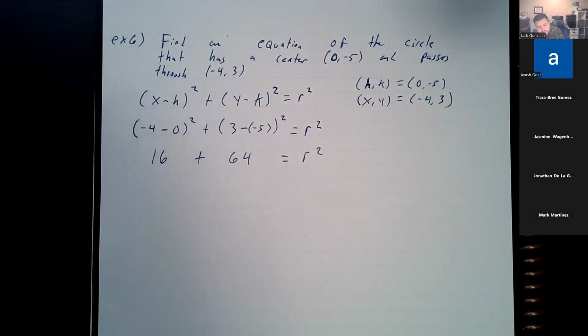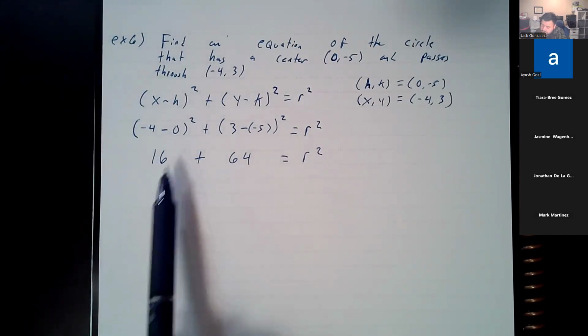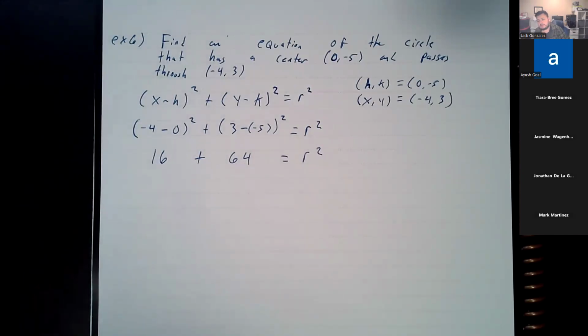3 minus -5 is 3 plus 5, 8. 8 squared is 64. Negative 4 squared is 16. That looks okay, right? 16 plus 64. What's that going to be?